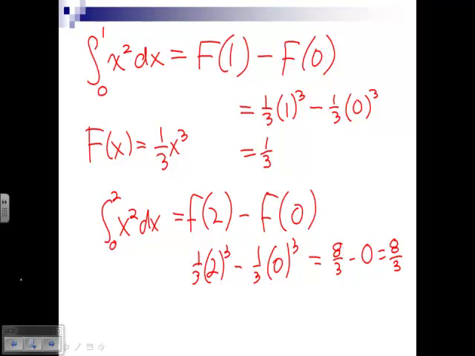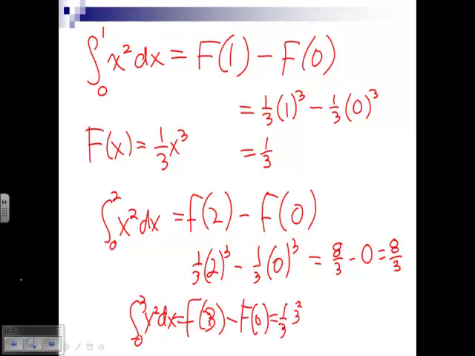And what would happen if I did this problem one more time? It's big F of 3 minus big F of 0: 1/3 times 3 cubed minus 1/3 times 0 cubed. 3 cubed is 27. 27 divided by 3 is 9. 9 minus 0 is 9.